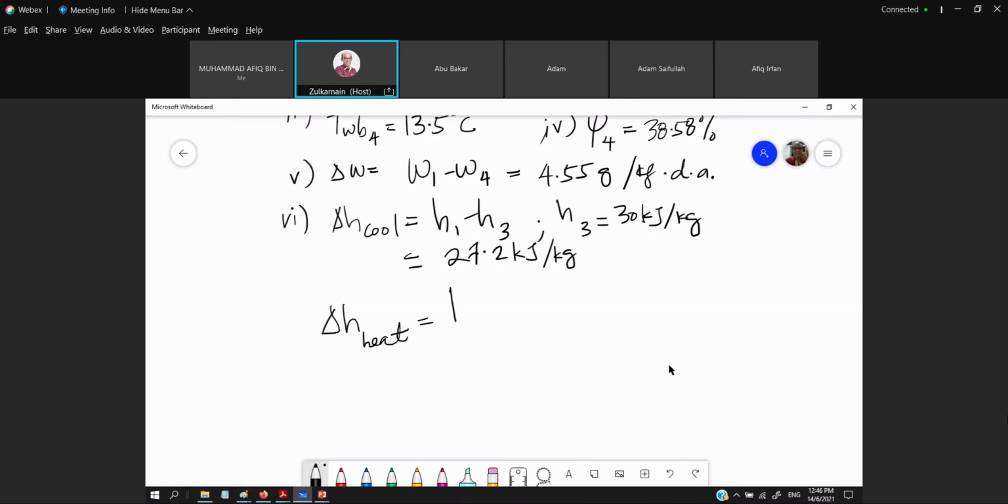So this should be H4 minus H3, and the H4 from the chart, we are going to have 38 kilojoule over kilogram. And in this case, we have already got the H3. Then we are going to solve for the heating as 38 kilojoule over kilogram for every air.